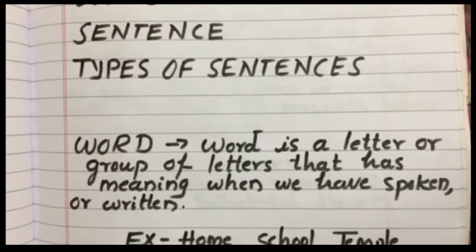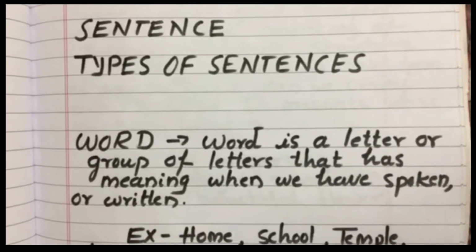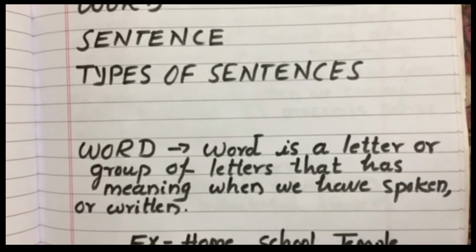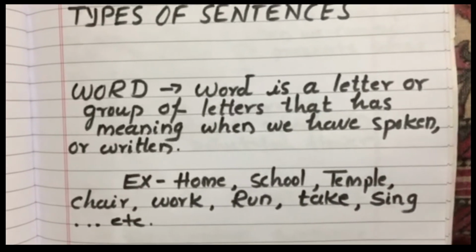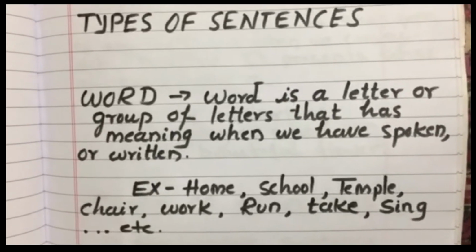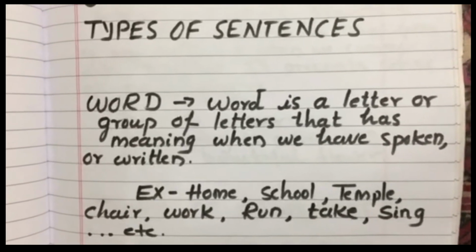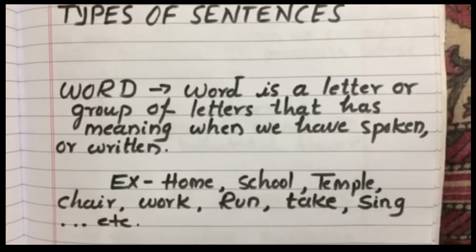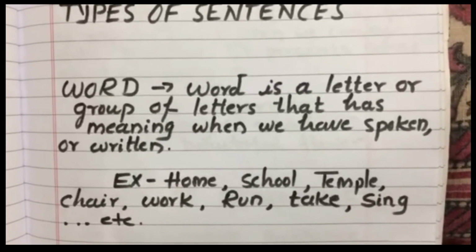Word. Word is a letter or group of letters that has meaning when we speak or write. Examples: home, school, temple, chair, work, run, take, sing, etc. Word is the small basic unit of any language.